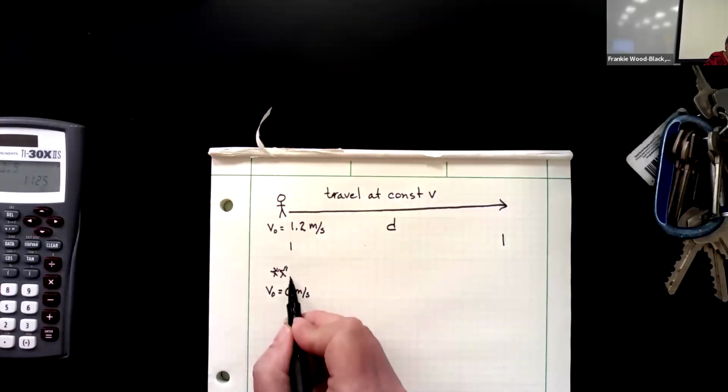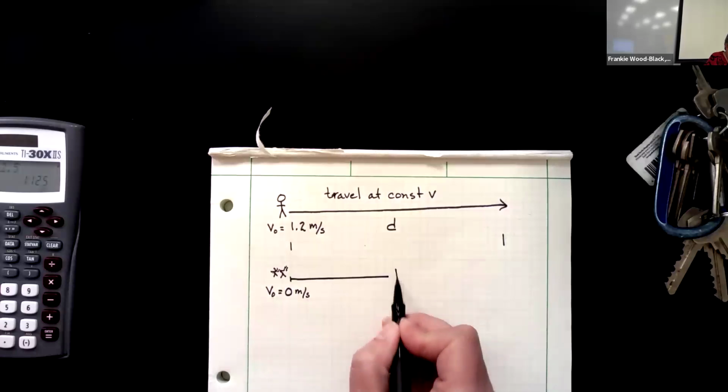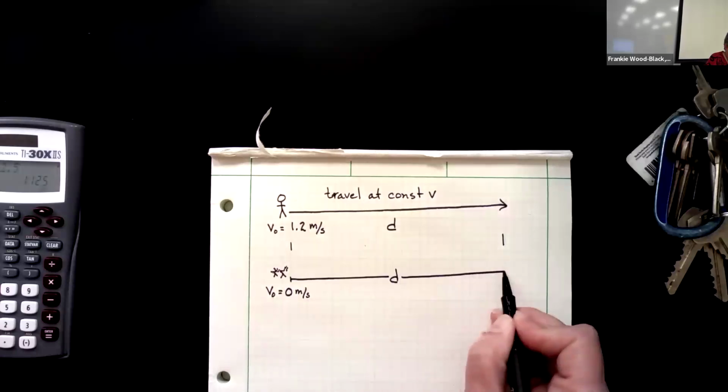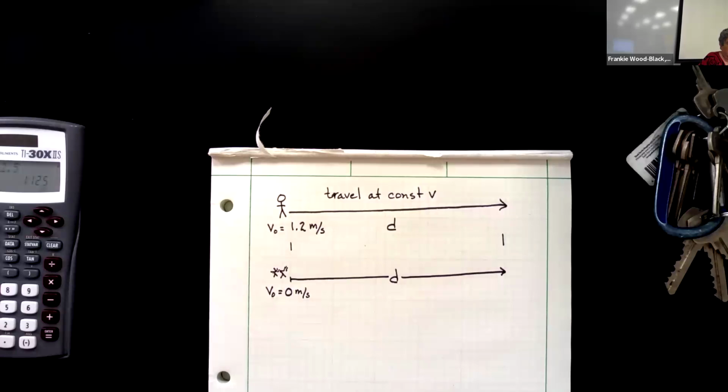Is going to travel the same distance but it's going to start at time equal to 5 seconds. We want to know the acceleration of the dog. Because the dog's got to catch up to the person.